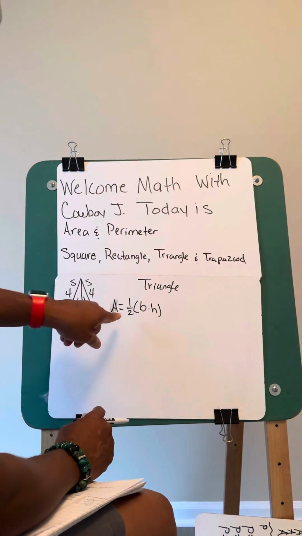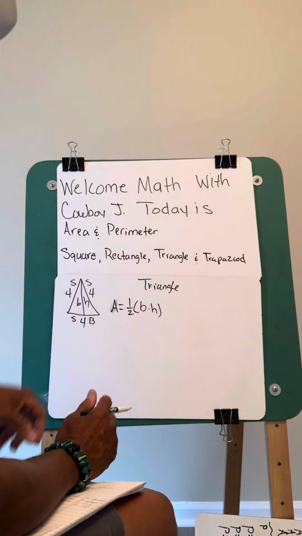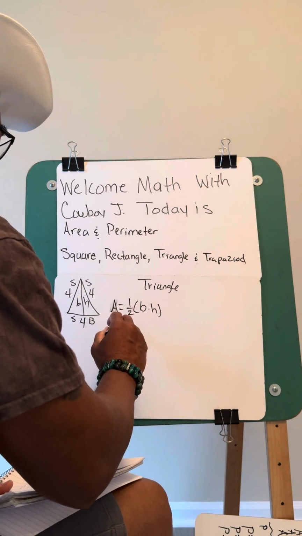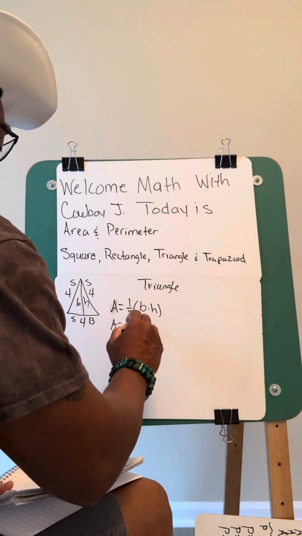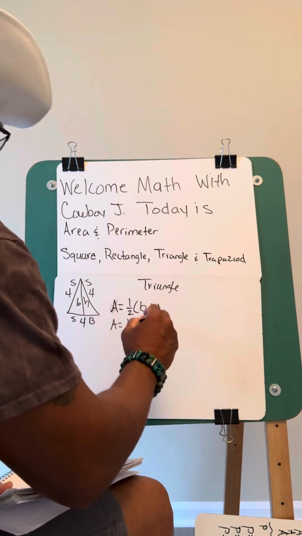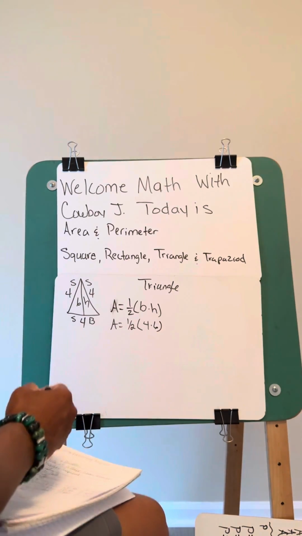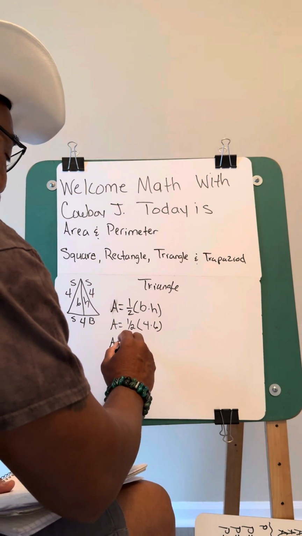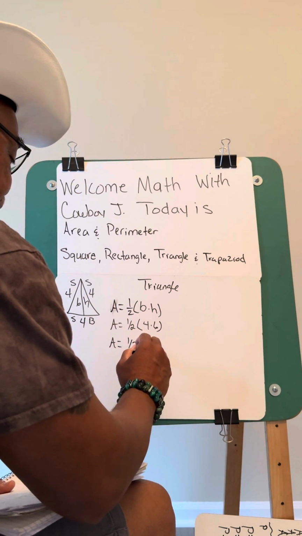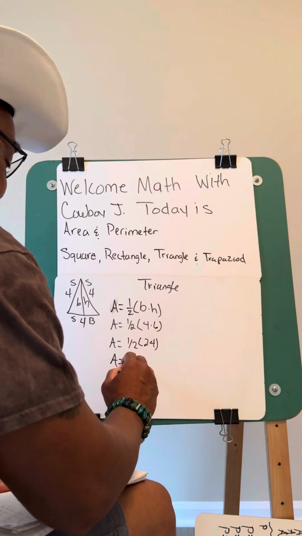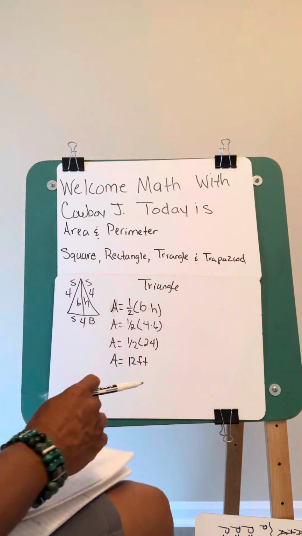So anytime you have a number written next to parentheses, that means to multiply. So for this, A equals half times the base is 4, the height is 6. So A equals half times 24. So A equals 12 feet.